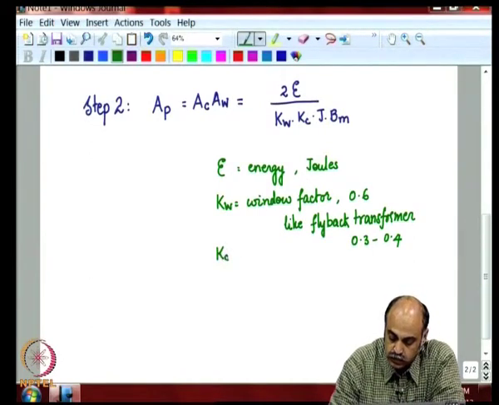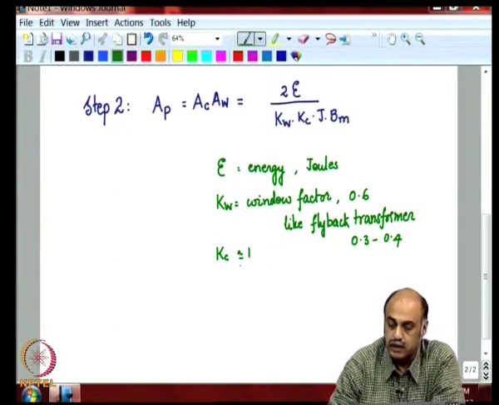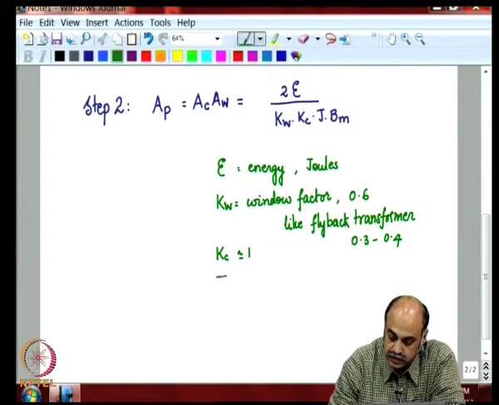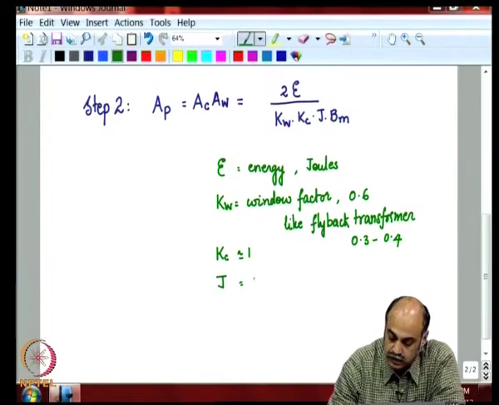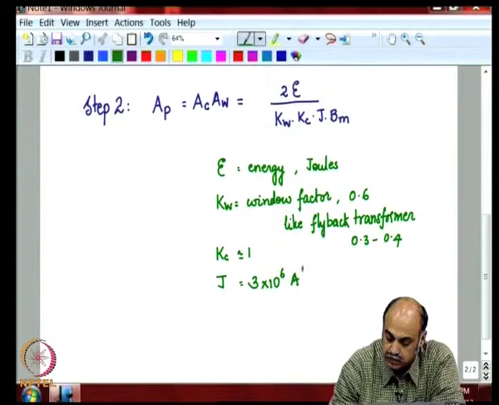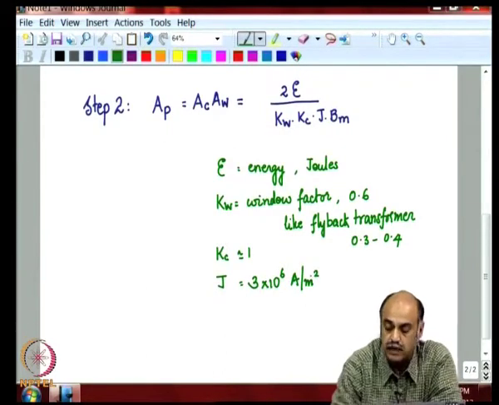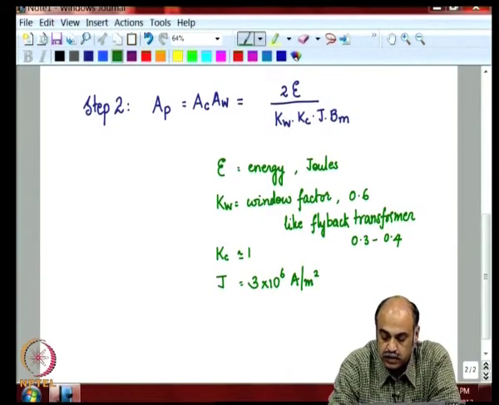In most of the cases you can take it approximately equal to 1. J is the current density, expressed in amps per meter square. 3 into 10 to the power of 6 amp per meter square can be your starting value. And remember that this varies from 2 into 10 to the power of 6 amp per meter square to 5 into 10 to the power of 6 amp per meter square.